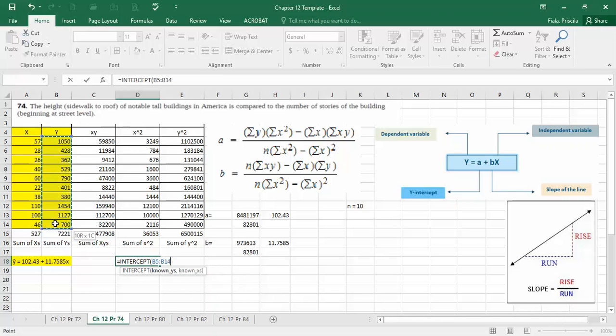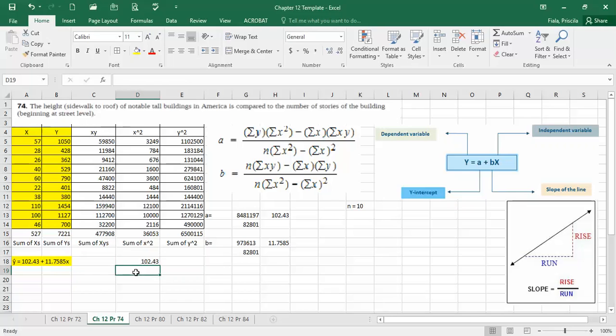These are my y's, correct? Which ones are my x's? These are my x's. Close, enter. Here we go. You do not have to do any of this calculation here. None of that.